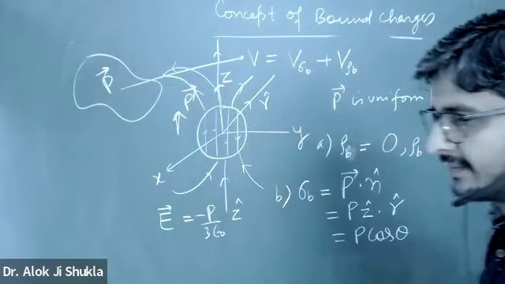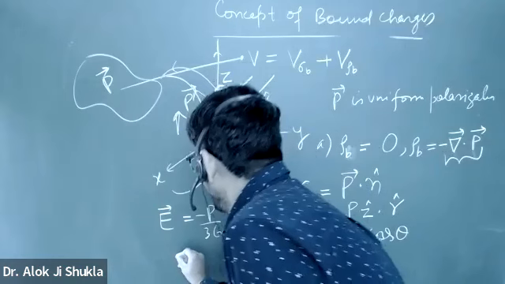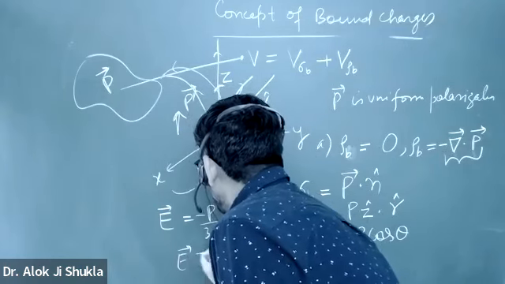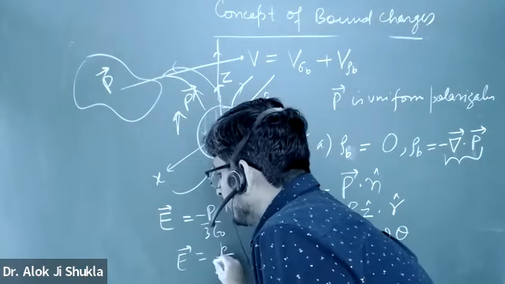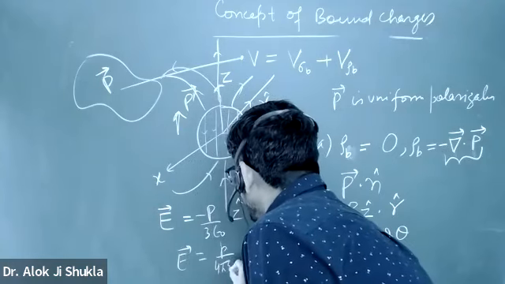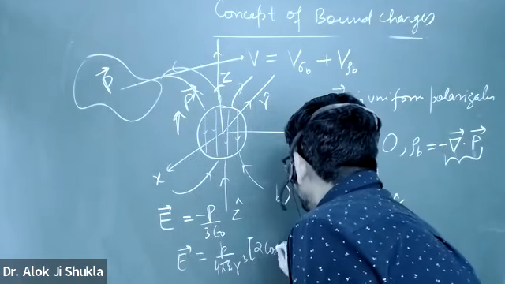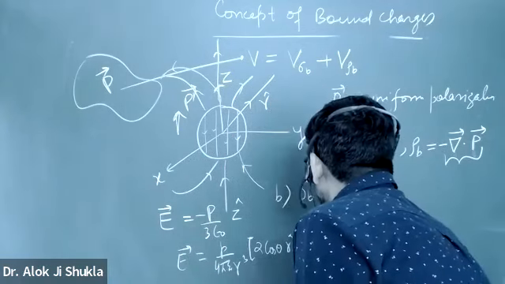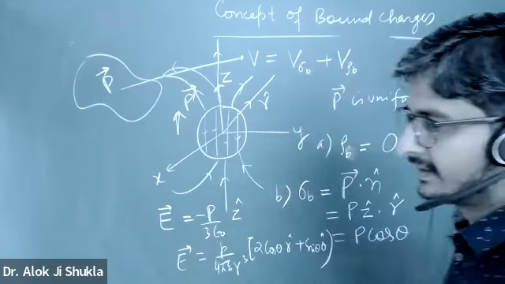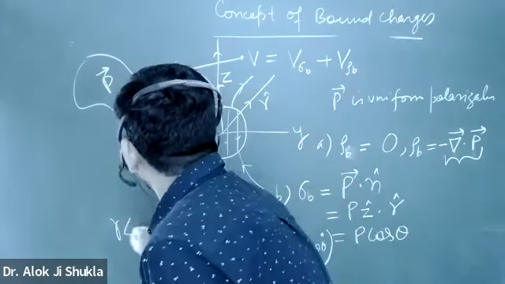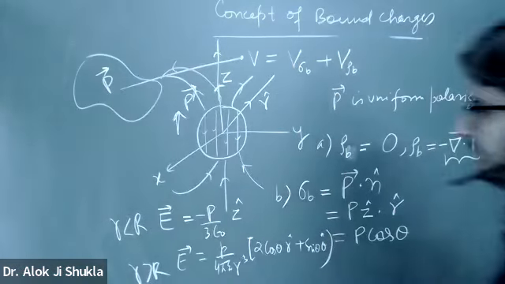So it is minus z cap direction. And outside field is field like a dipole. What is the field due to dipole? बताओ भाई. P by 4 pi epsilon naught r cube. Tell me. 2 cos theta r cap plus sin theta theta cap. So this is the profile. This is when r is less than the radius. This is when r is greater than the radius.